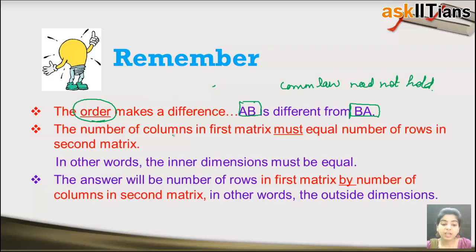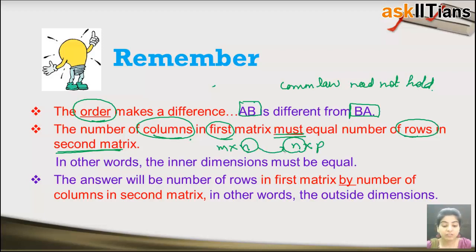Second we have is the number of columns in the first matrix must equal the number of rows in the second matrix. This is very important because unless we have M cross N and we have N cross P, this is equal to this, only then can we multiply these two matrices. Otherwise it is not possible to multiply such matrices in which this is not equal to this, right?